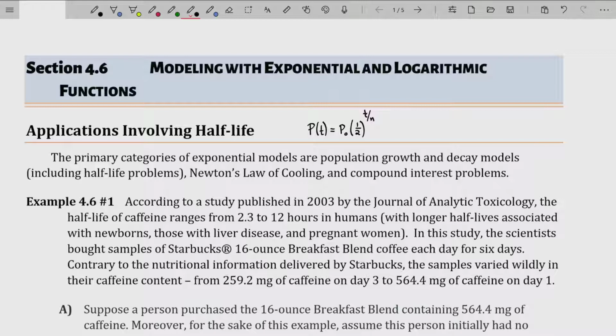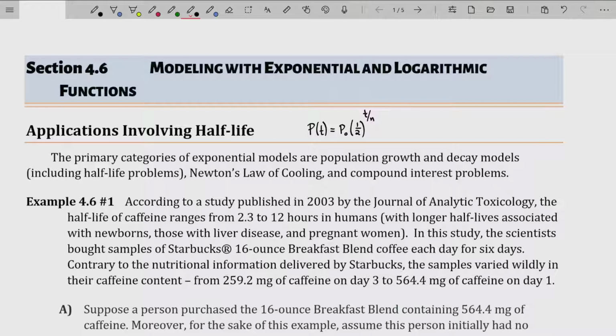Contrary to the nutritional information delivered by the company, Starbucks, the samples varied wildly in their caffeine content, from 260 milligrams of caffeine on day 3 to well over 500 milligrams of caffeine on the very first day. So it's supposed to be a specific amount of caffeine, but it varied significantly.